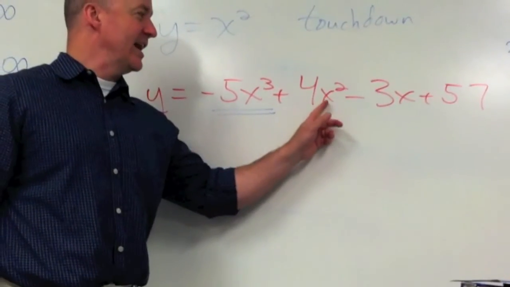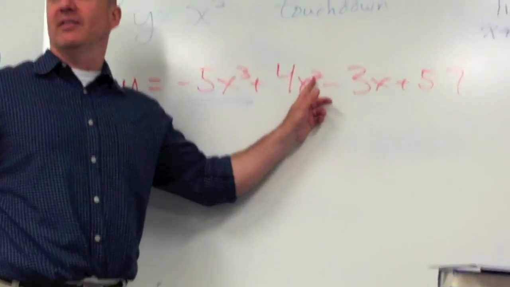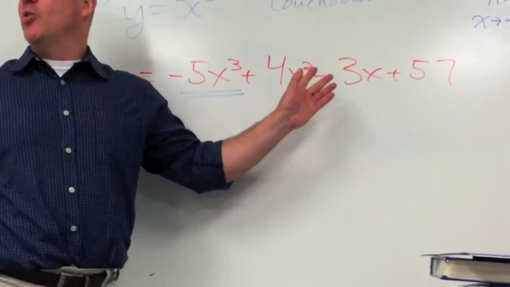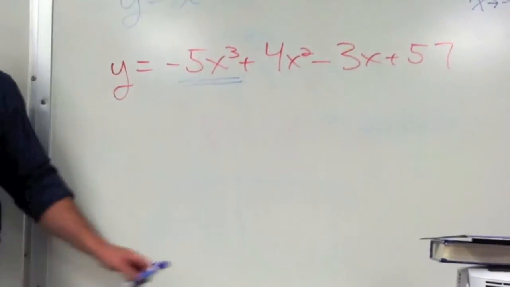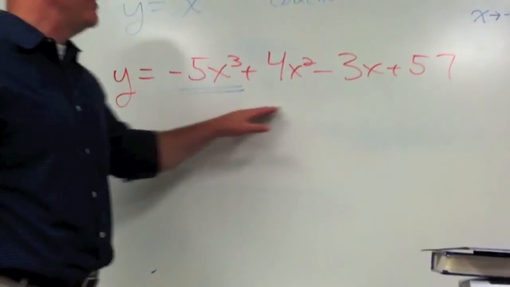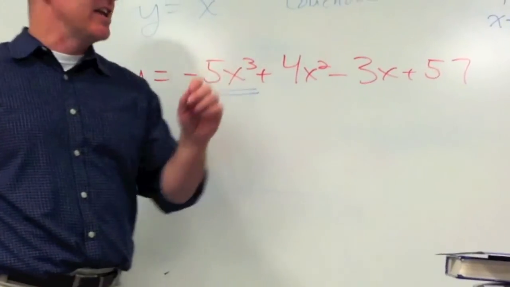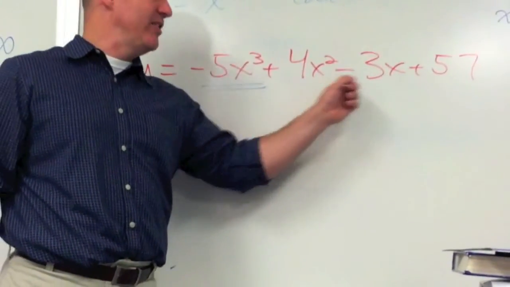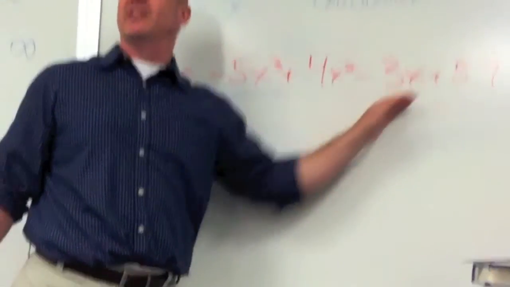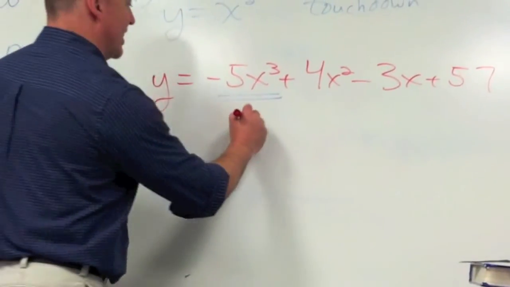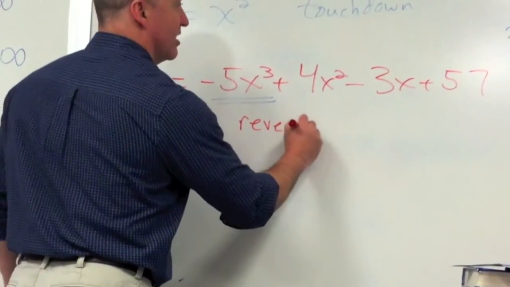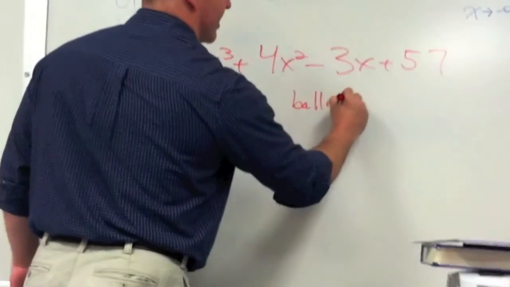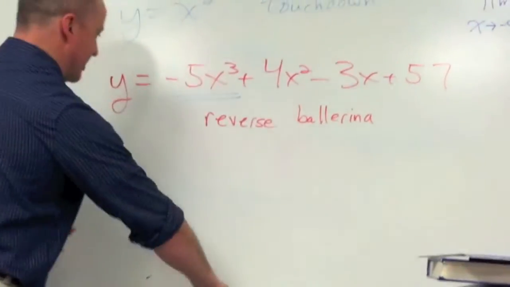What if I put x to the 1/2 here? Well, then it's not a polynomial, so you don't know if these rules work or not. So for end behavior, the only way these matter is if there is nothing here that makes it not a polynomial. But you are correct. That is reverse ballerina.